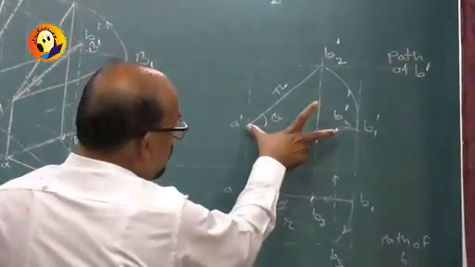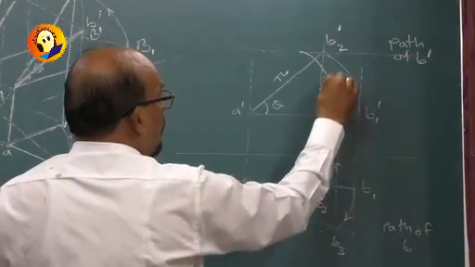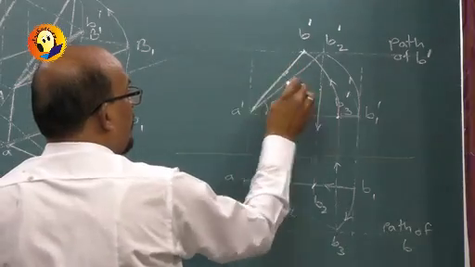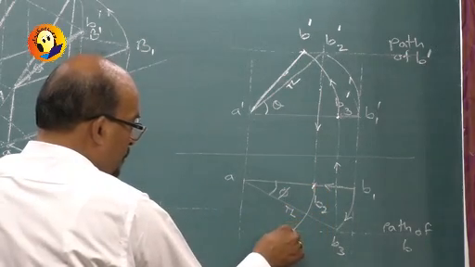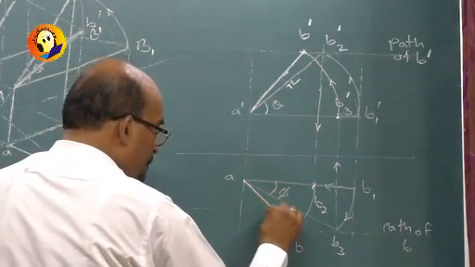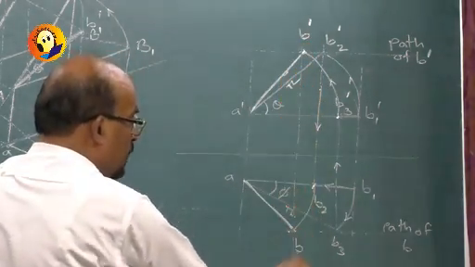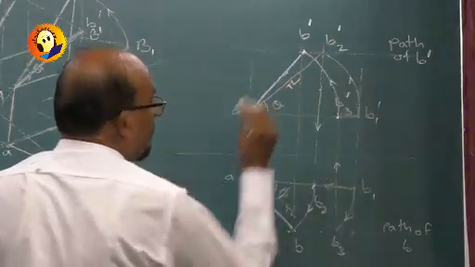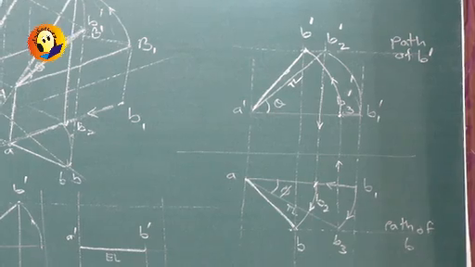So what I should do is take this elevation length and again rotate to get point B dash. And I should take plan length and rotate to get point B. And you can cross check that they will lie on the same projector. And this becomes the final projection of the line.